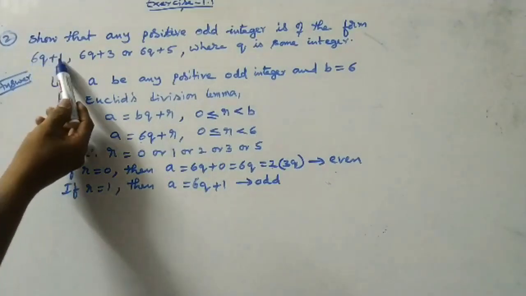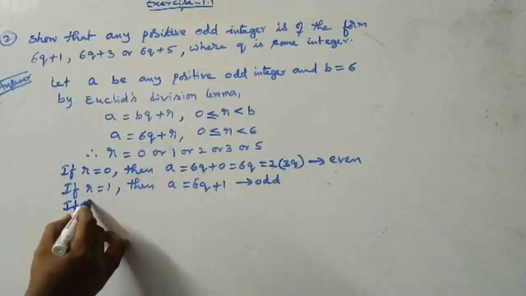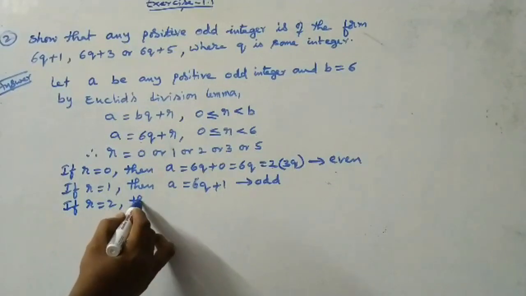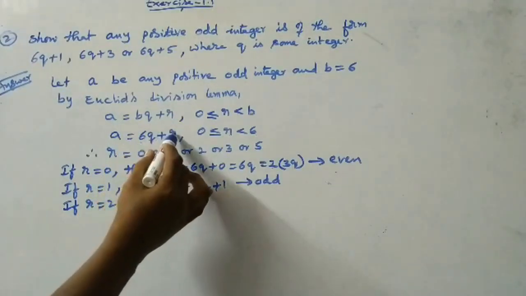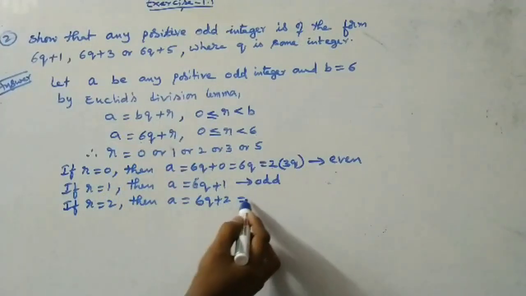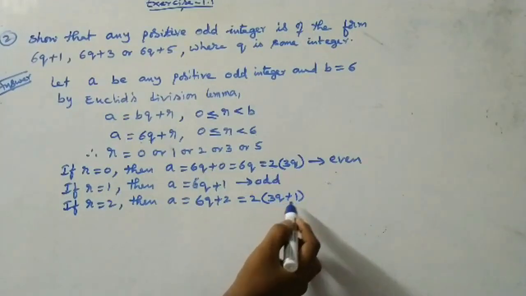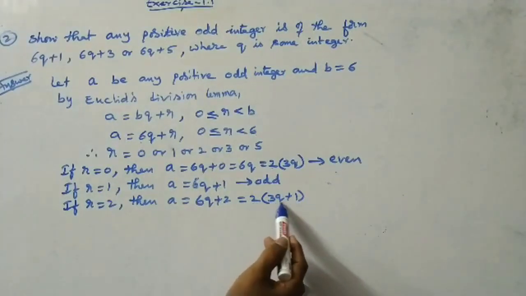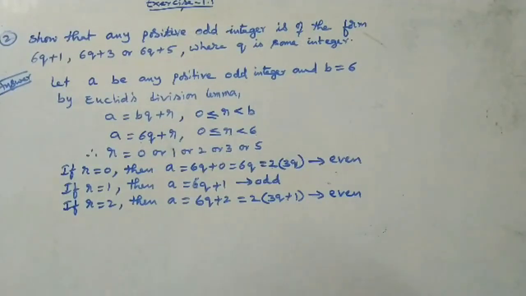So an odd number is in the form of 6q plus 1. If r is equal to 2, then a is equal to 6q plus 2. Now we take 2 as common in both, 2 into 3q plus 1, 2 into some integer. 2 into integer is an even number.